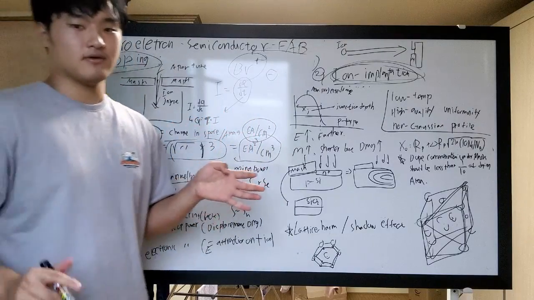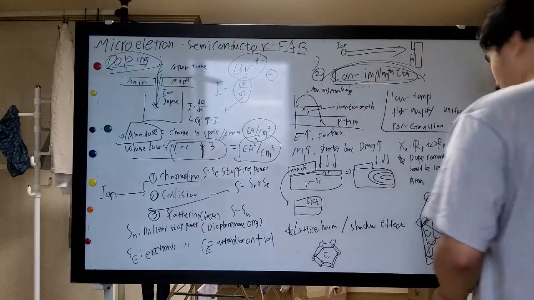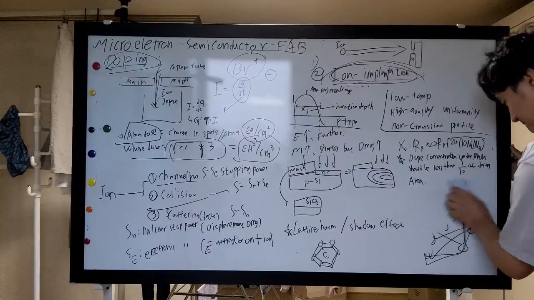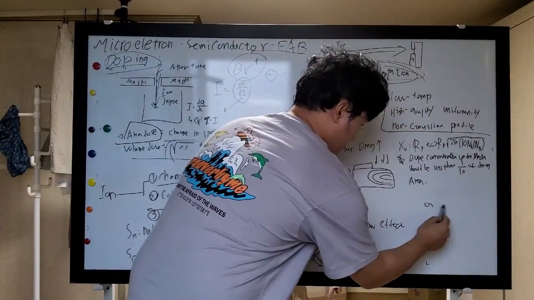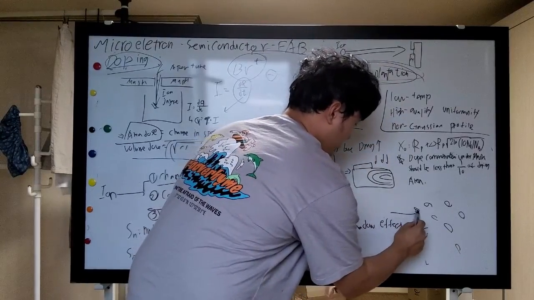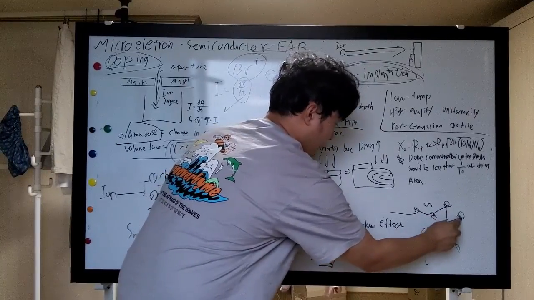But if the collisions keep happening, let's take an example. Here is a nuclear ion being emitted. Collision 1, collision 2, collision 3, collision 4, collision 5.